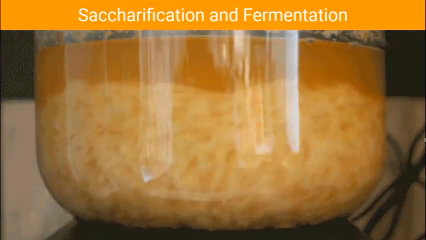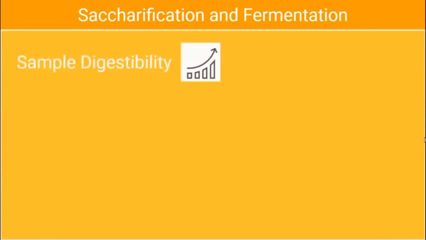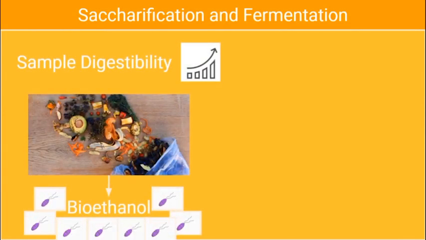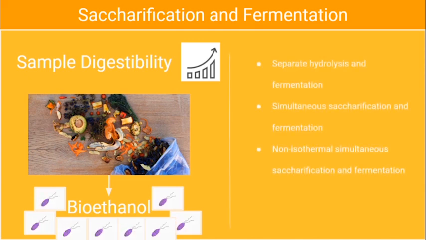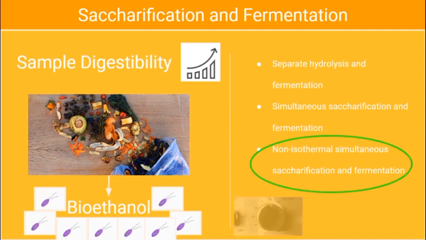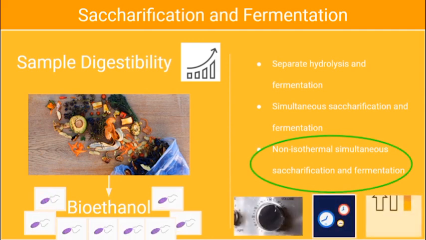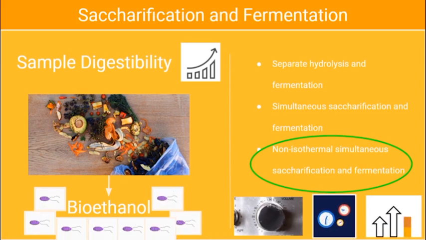The third step is saccharification and fermentation, where the sample's digestibility is increased and the food items are turned into bioethanol by fermentation microorganisms. For this step, although there are many techniques available, including separate hydrolysis and fermentation, simultaneous saccharification and fermentation, as well as non-isothermal simultaneous saccharification and fermentation, the third one is preferred in terms of the volumetric productivity, time required, and ethanol yield.